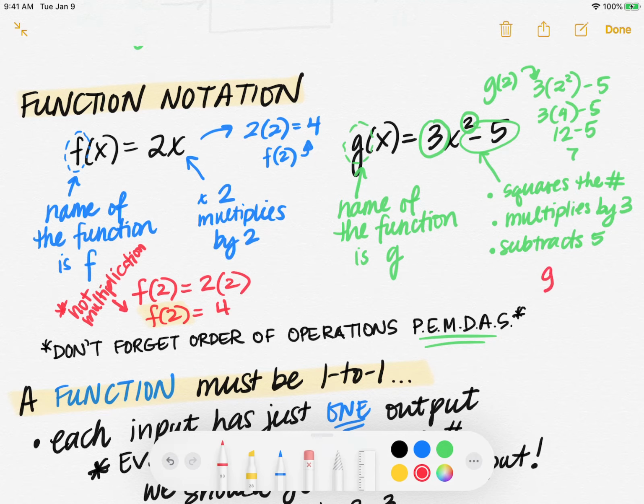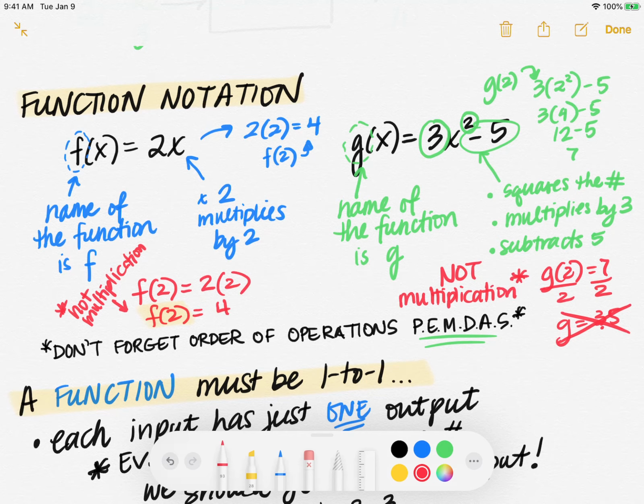I found out that g of 2 equals 7. A lot of you guys want to divide by 2, so you just say g equals 3.5. No, don't do that. It's not multiplication. It is just the notation. We leave it intact. Don't do that.